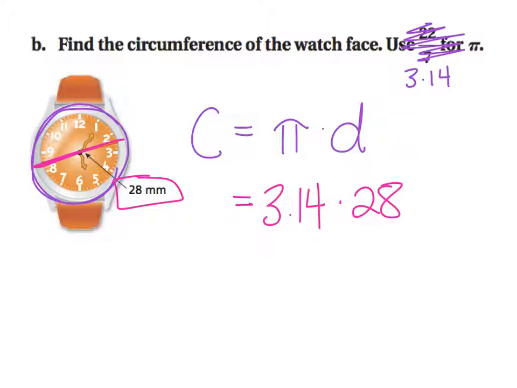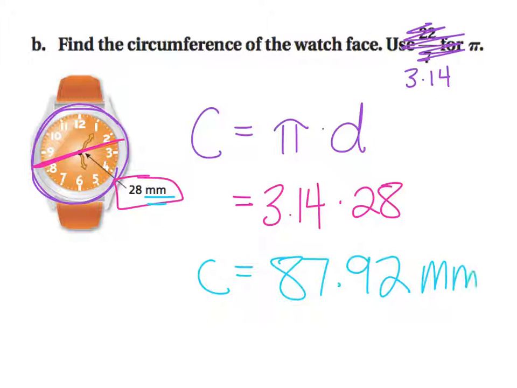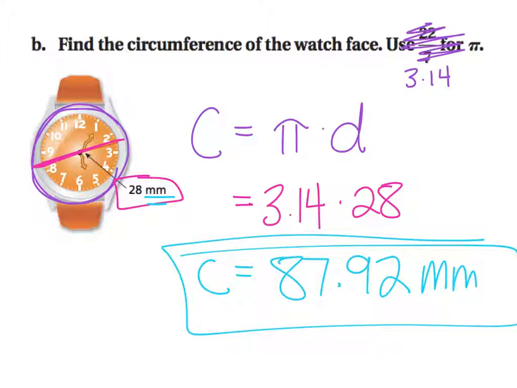So I need to multiply this together. I grab my calculator and I have 3.14 times 28, and I get a circumference of 87.92. Then I check my label, millimeters. And there I have it.